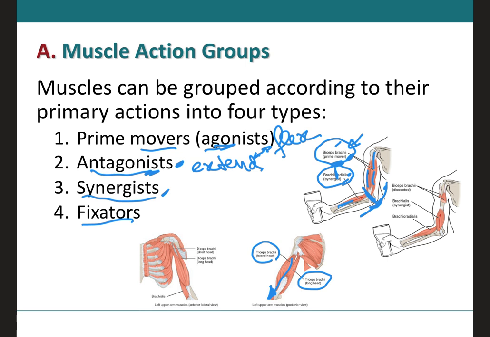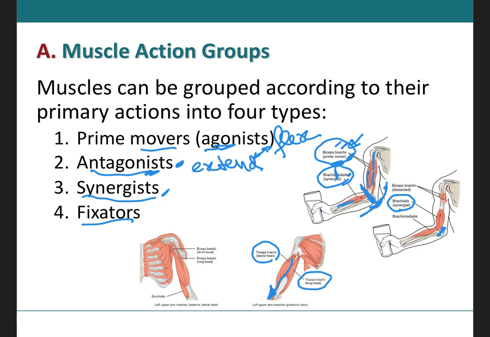So it is crossing the elbow joint. Therefore, it will assist the biceps brachii. But since it's a smaller muscle, it's not the main muscle that's performing this action. It's just assisting with this action. Another example of a synergist is the brachialis, which is also a muscle that will cross the elbow joint.